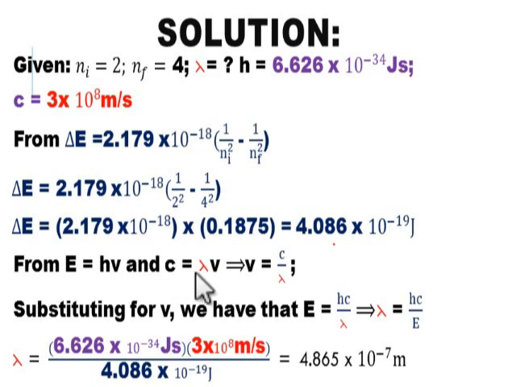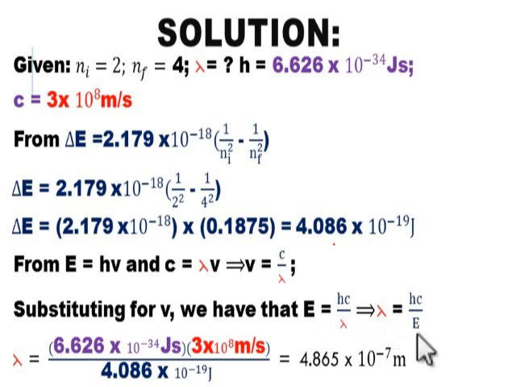Now from this equation, if we make the frequency the subject of the formula, make V the subject of the formula, you do that by dividing both sides by lambda. You're going to have V is equal to C over lambda. Now substitute this C over lambda in this equation, remove this V and put the whole of this. You're going to have that energy is equal to hc over what? Lambda. So from this now, make lambda the subject. You're going to have that lambda is equal to hc over E.